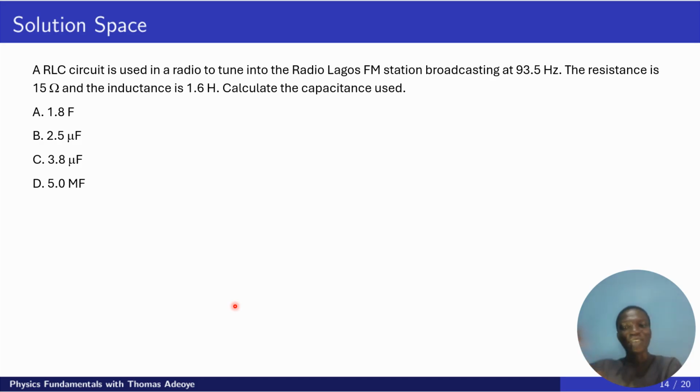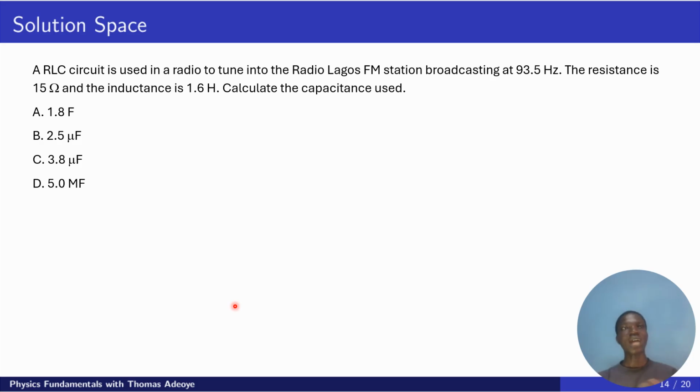That is the resonant frequency. Are you with me? At resonant frequency, there is a formula. What happens is that capacitive reactance will be equal to inductive reactance. You may want to note that down, because they may ask you.